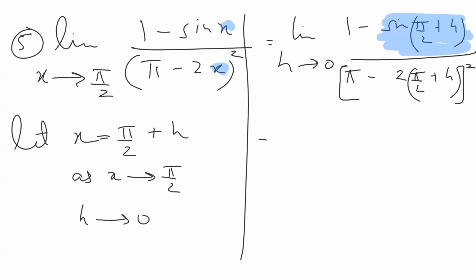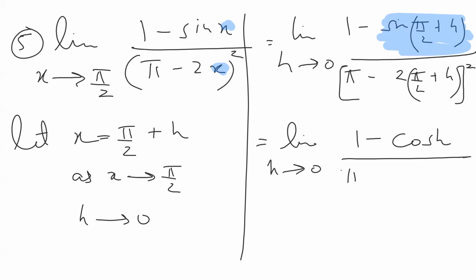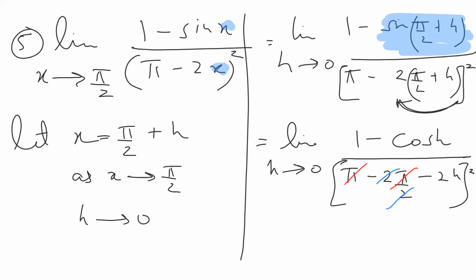So this will become limit h approaching 0, 1 minus cos h, down, multiply 2 with both, open the round bracket. The 2s will get cancelled, pi pi will get cancelled, so we are left with minus 2h the whole square.